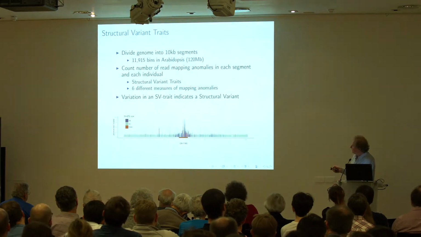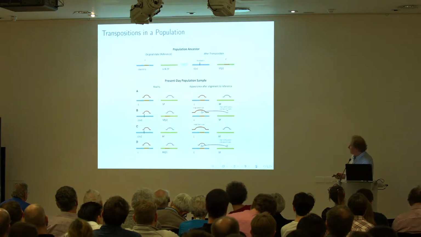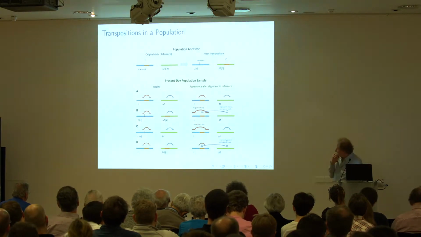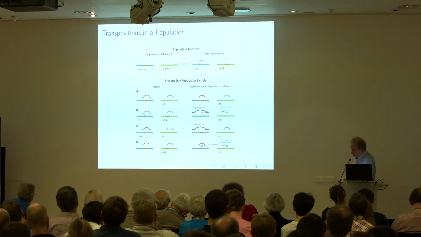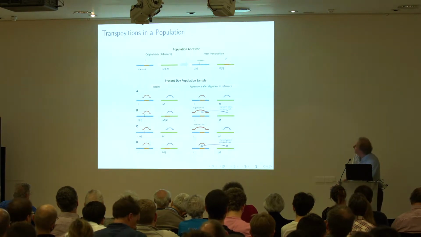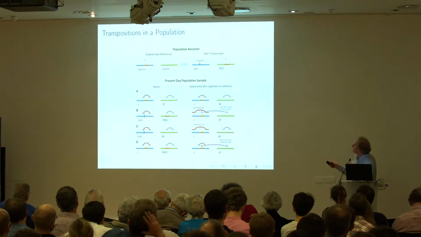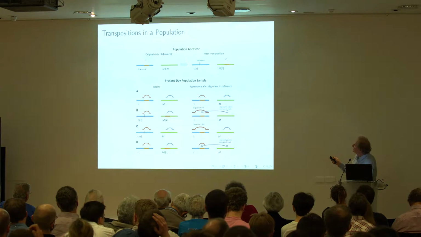So the idea is that where you have a bin with a lot of variation, that indicates what we call a structural variant trait. And you can then map that genetically. The logic goes like this. Supposing back in time, there's an individual, and this segment in this individual moves to a different chromosome.